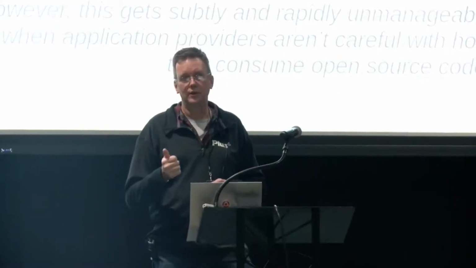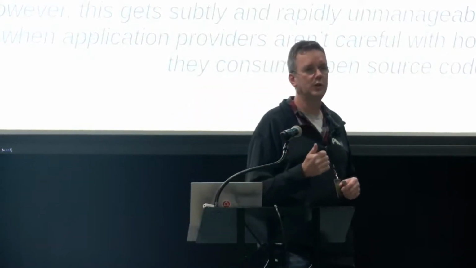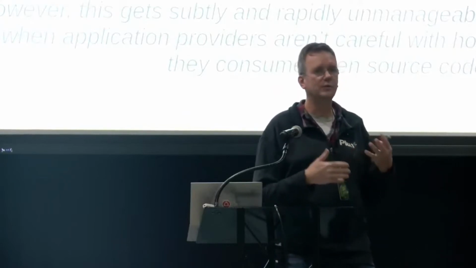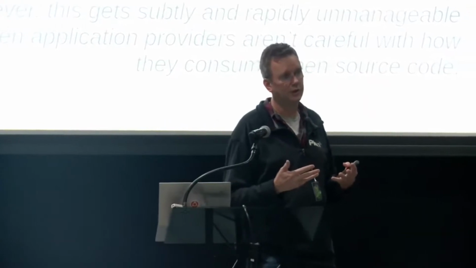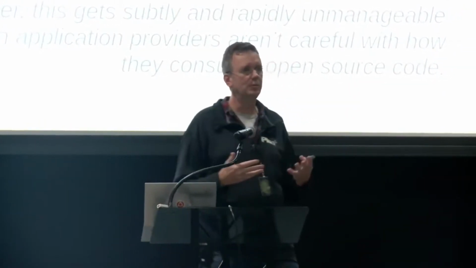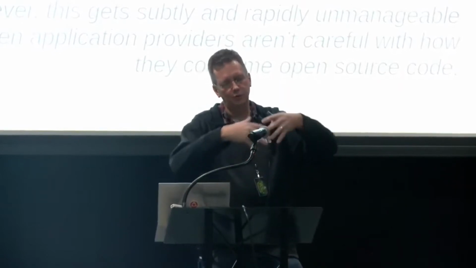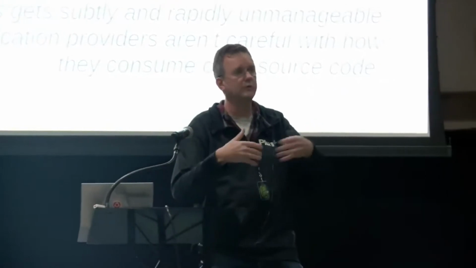However, this gets really challenging in an open source ecosystem if your application providers, the people that bundle in this software, don't pay close attention to that. We mentioned OpenCV is a bundle of libraries pulled together into a standard set of utility libraries.